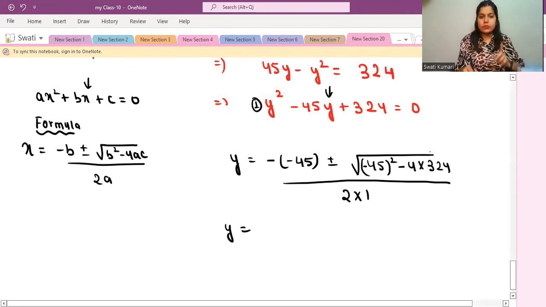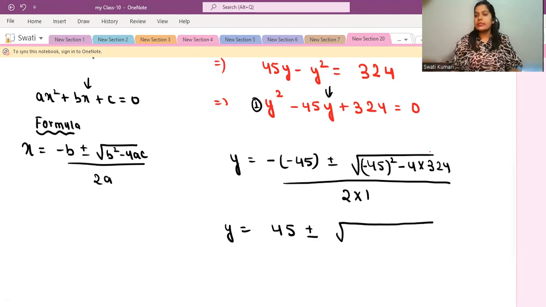So let's solve this. Minus minus will become plus. So 45 plus minus root over. Let us simplify this. Now I have to do what is 45 into 45. So 45 into 45 is 2025.